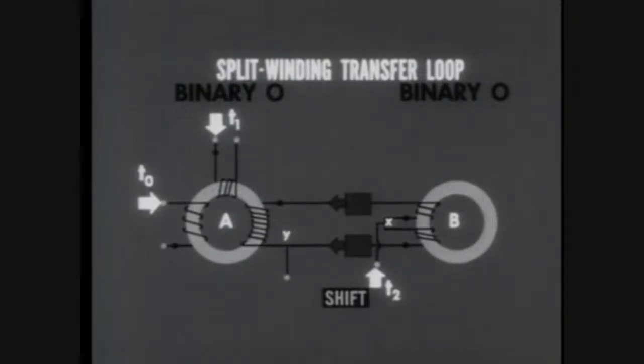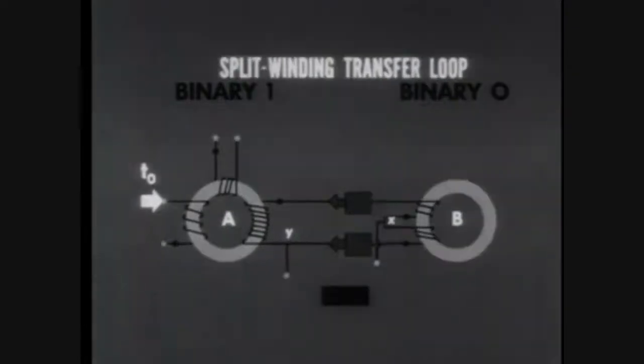So far, we have not transferred information from A to B. We need to make a change in the sequence of inputs. Again, at core A, we'll apply a non-dot pulse, T0, switching the core to binary 1. But this time around, we'll skip the dot pulse at T1 and leave core A at 1.